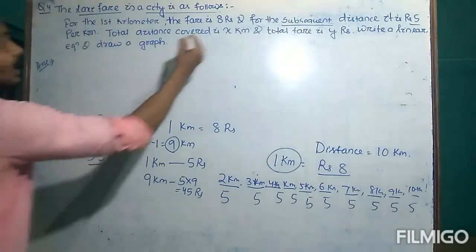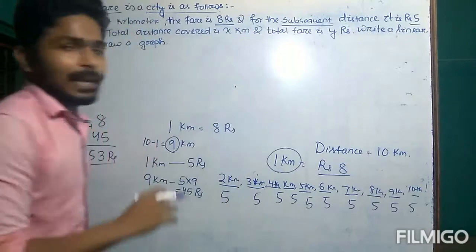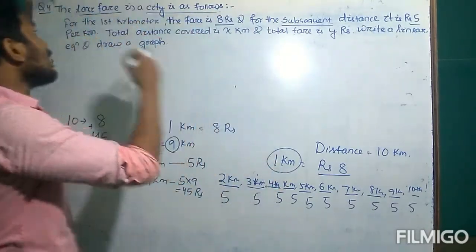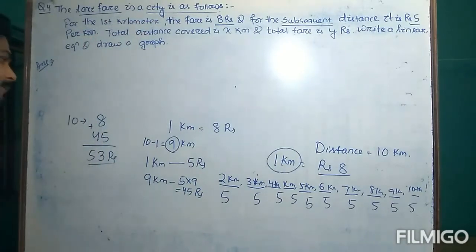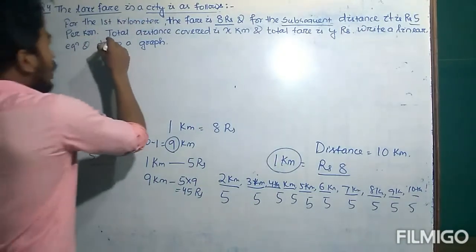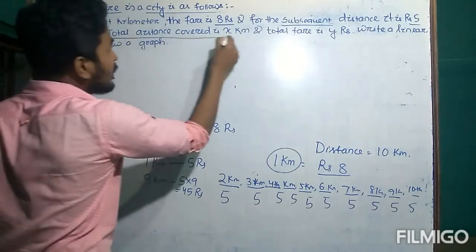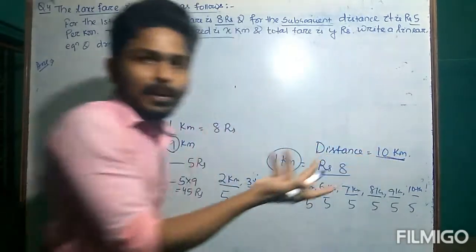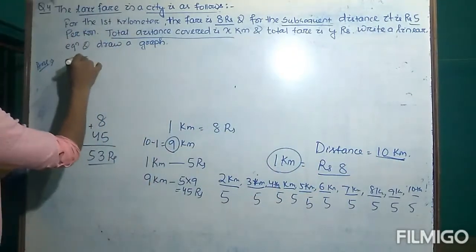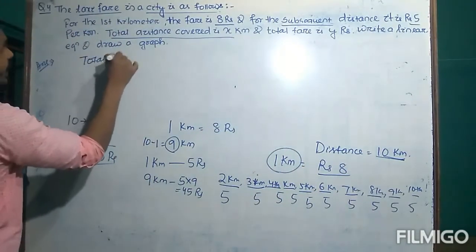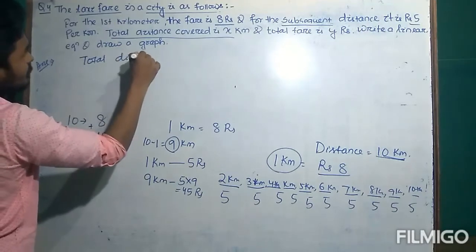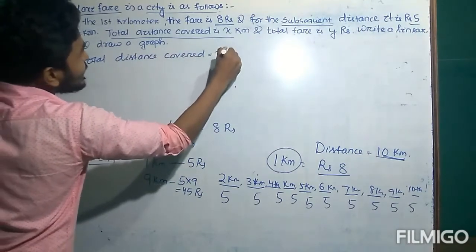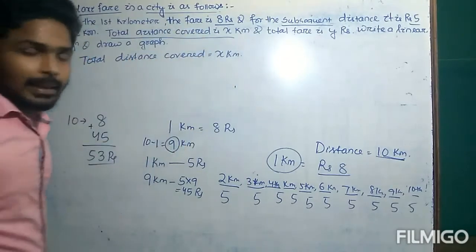Here also it is given that for the first kilometer you have to pay rupees 8 and for each subsequent kilometer you have to pay rupees 5. It is already given that the total distance covered is to be taken as x kilometers. Here we took 10 kilometers; similarly, you can write that the total distance covered is x kilometers.